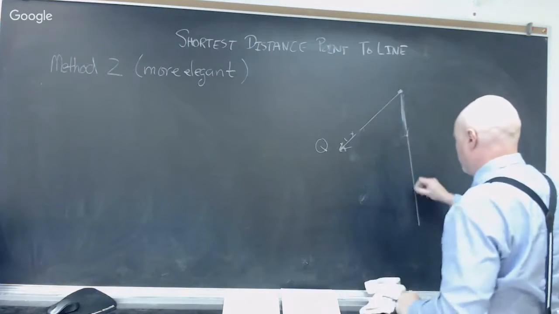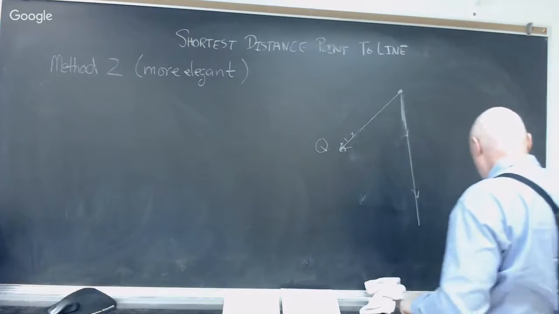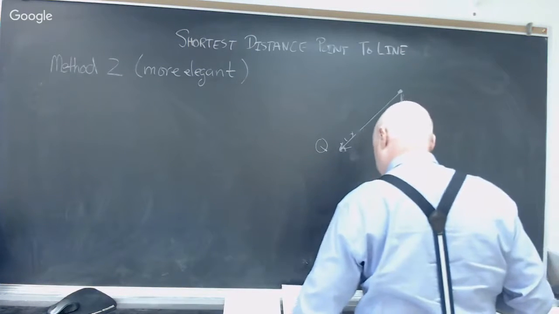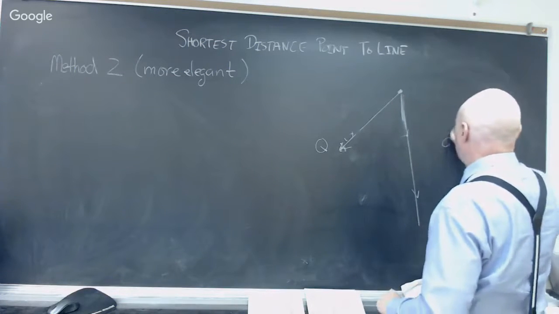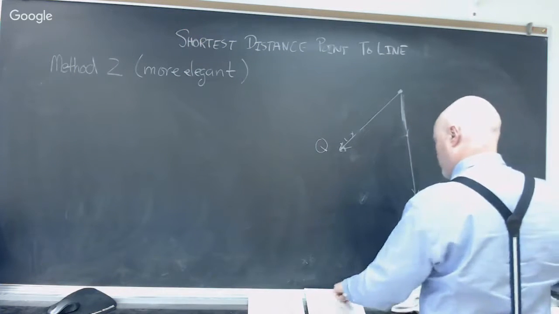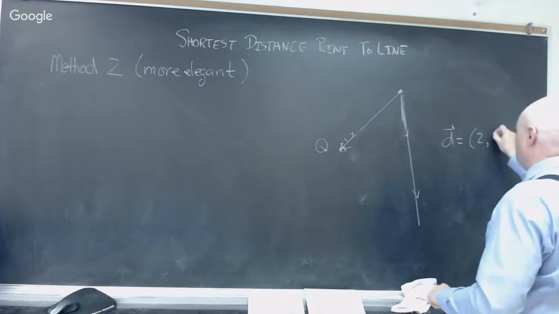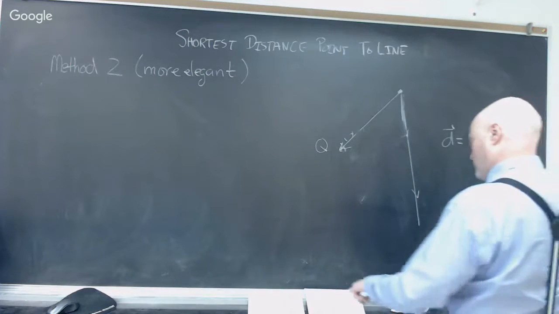So we have our direction vector here. Uh-oh, and I just erased my direction vector. So we have our direction vector 2, negative 1, 1.